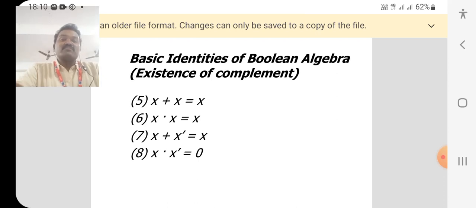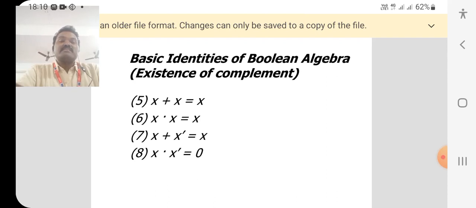What is 0 inverse? 0 inverse is equal to 1. 0 plus 1 is equal to 1 only. Suppose I am giving 1, 1 plus 0, the x bar value here is 0. So therefore 1 plus 0 is equal to 1. So therefore x plus x bar is equal to 1.